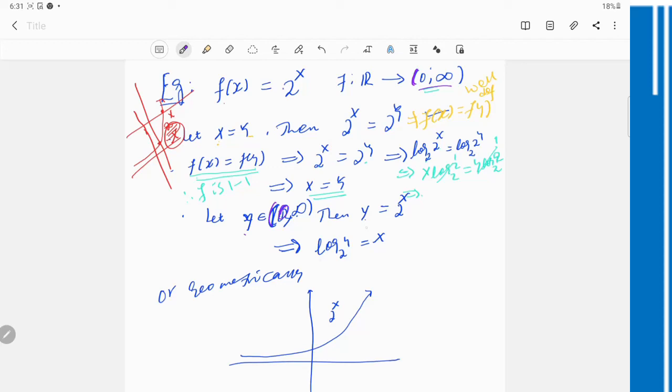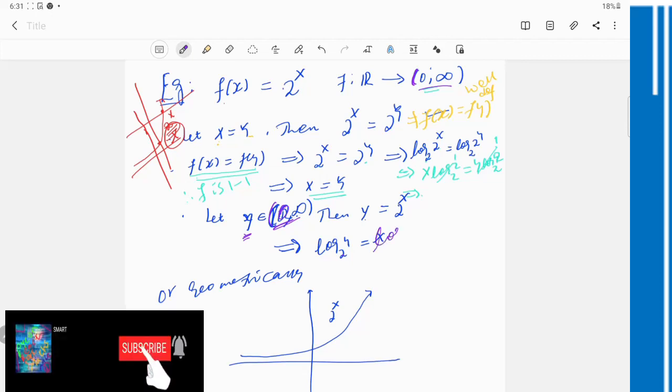So yes, we can, because you can apply the logarithm function to both sides, since this y is in the domain of the logarithm function, so it's defined. So log of y to base 2 is log of 2 to the x to base 2, which is x log of 2 to base 2, and this is 1, so it is x.